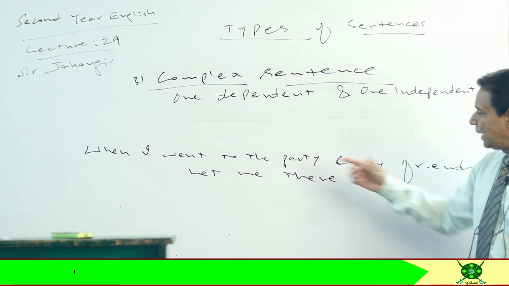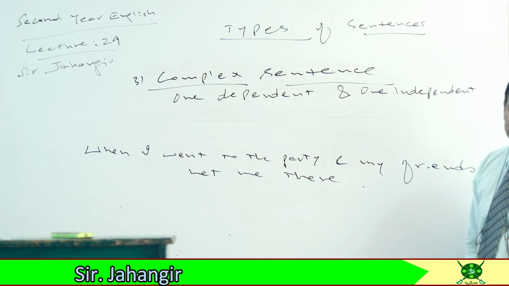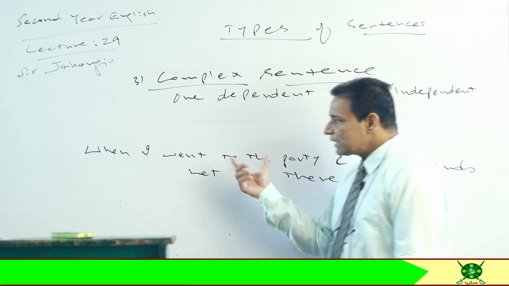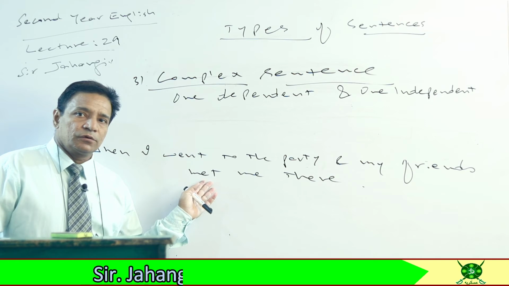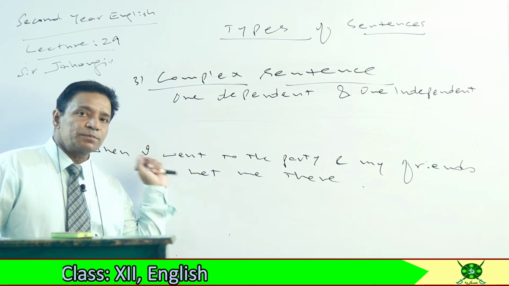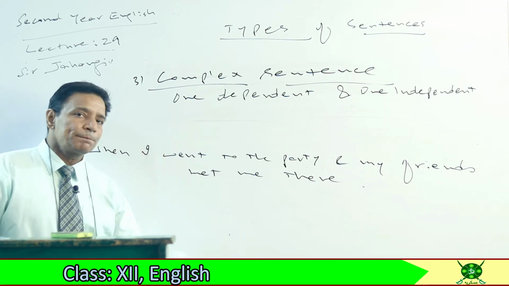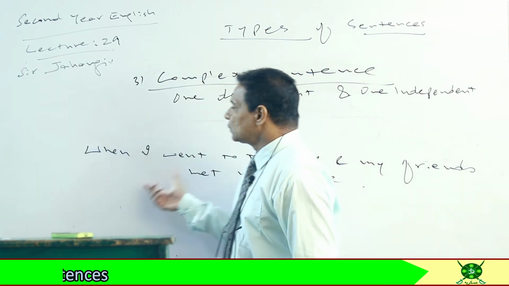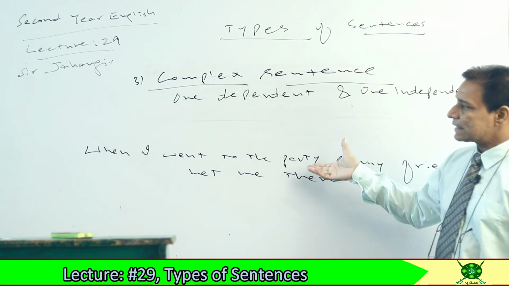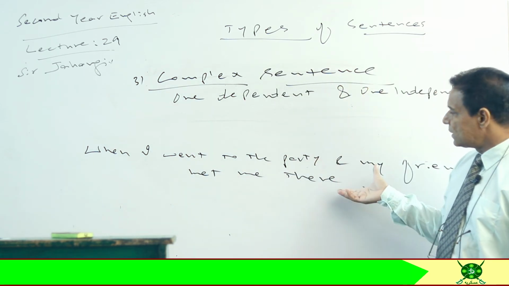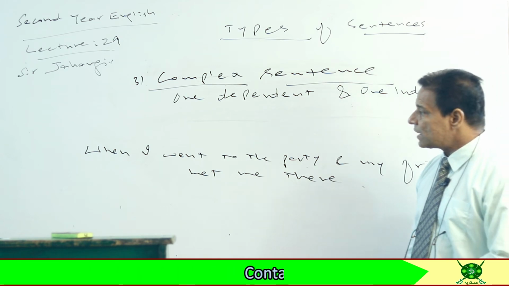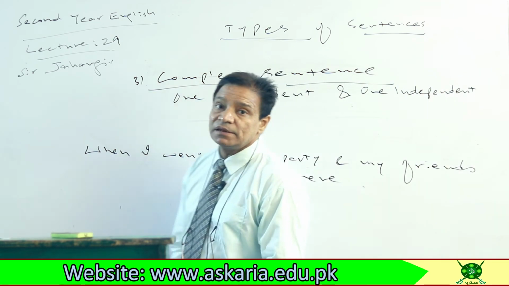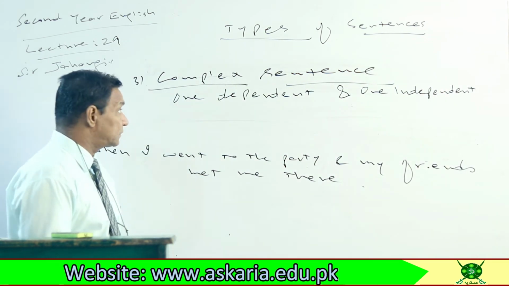This is dependent and this is independent. So just by using the word "when," it has become a complex sentence: "When I went to the party, my friends met me there." It's a complex sentence.